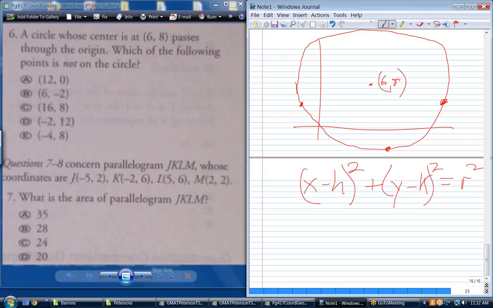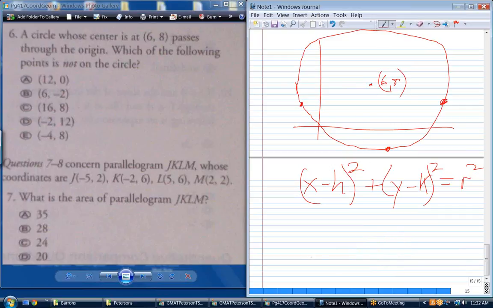That's a circle whose center is at the origin. In other words, if I had a circle centered right at the origin, then this equation would be simpler. It would just be x squared plus y squared equals r squared. But then it would be 0 because the center is 0, 0. Right.